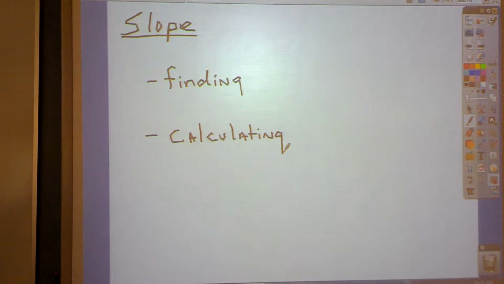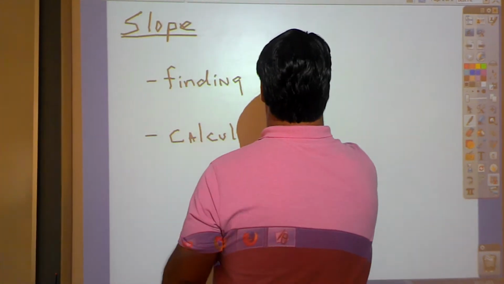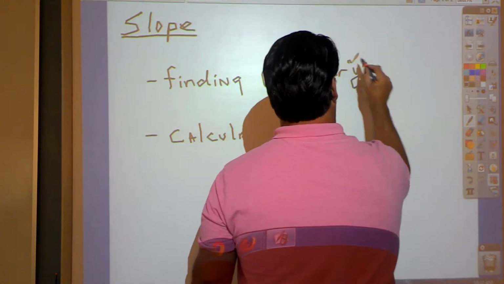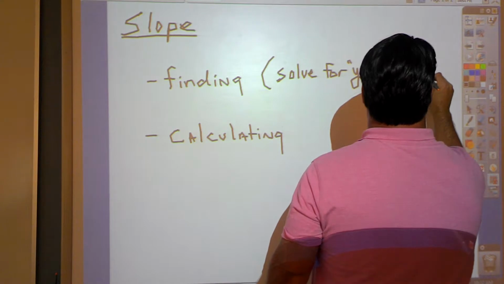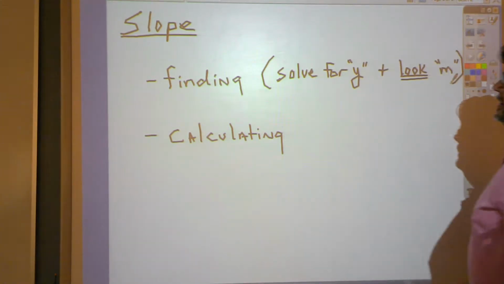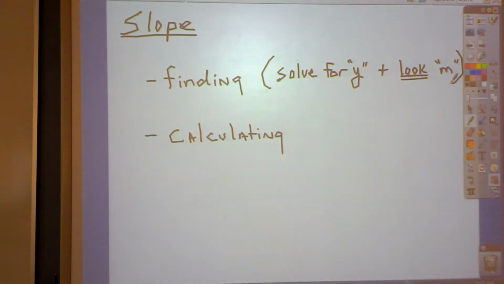Well, when you find the slope, usually you just solve for y and look for m. Okay, that's the difference between finding the slope and calculating the slope. If I give you 2x plus 4y is equal to 6, and you need to find the slope, then you solve for y, and whatever's in the m spot, that is your slope. And we'll get to that.